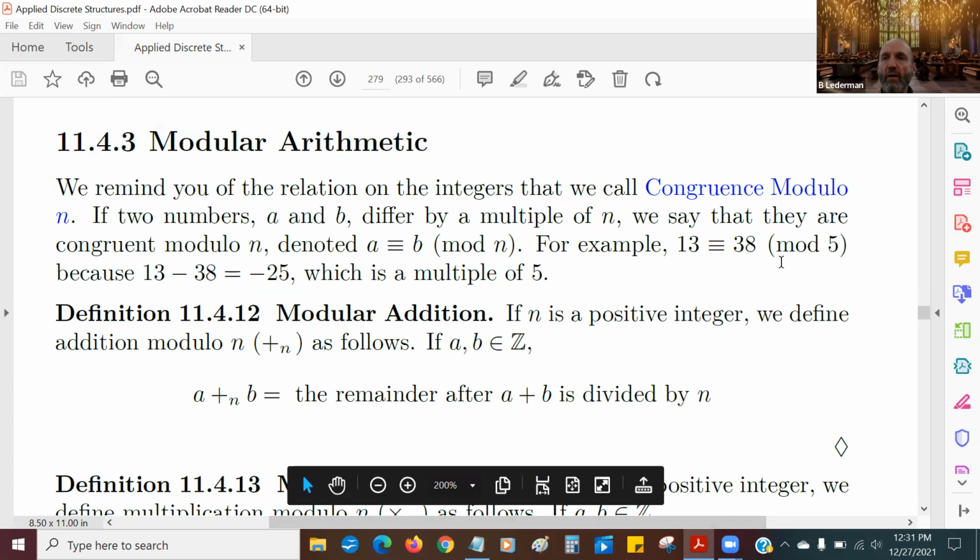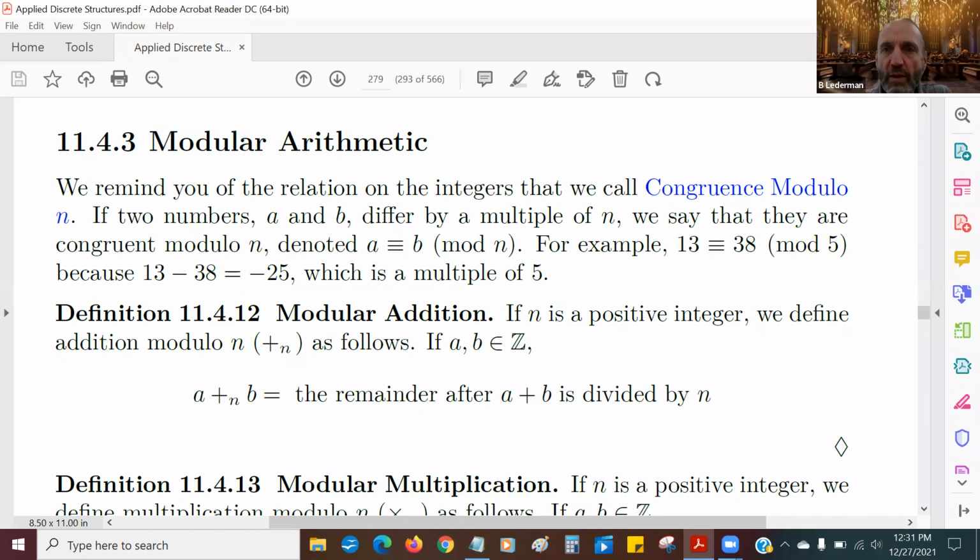So modular arithmetic. When we talk about numbers being congruent modulo n, think of a clock.